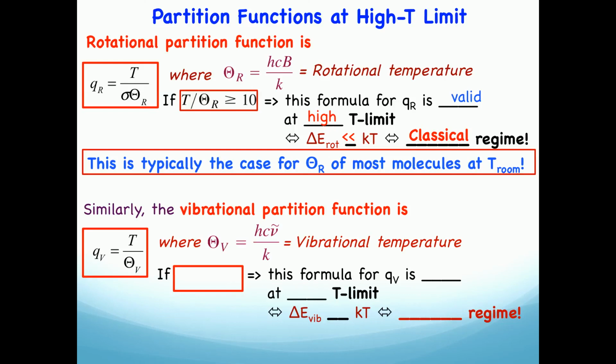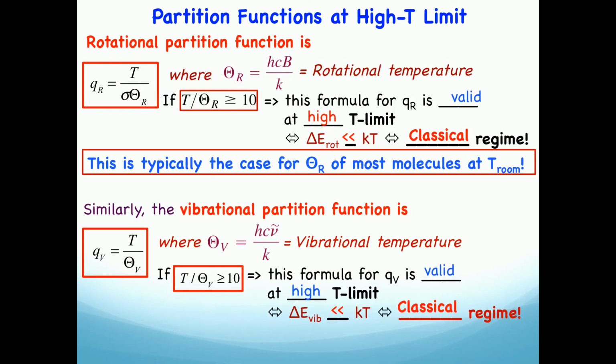Again, pretty much the same: T should be much larger than theta, or T divided by theta should be larger than 10. This formula for Q_V is valid if delta E, the splitting between levels, is again less than kT, which again would be a classical regime.